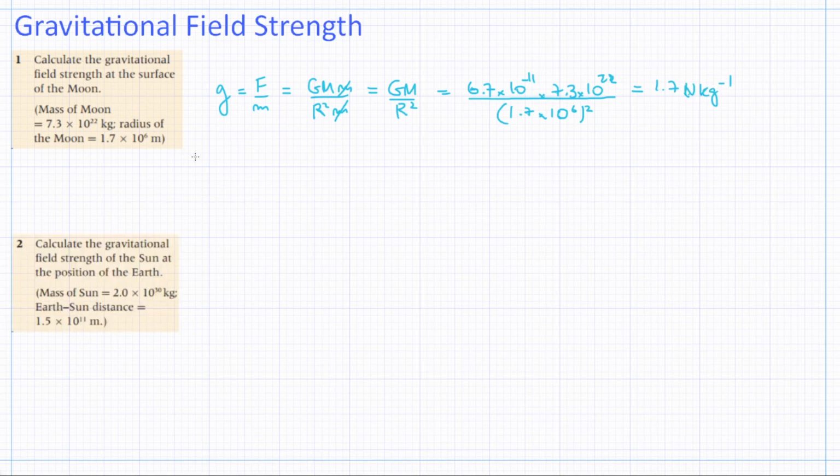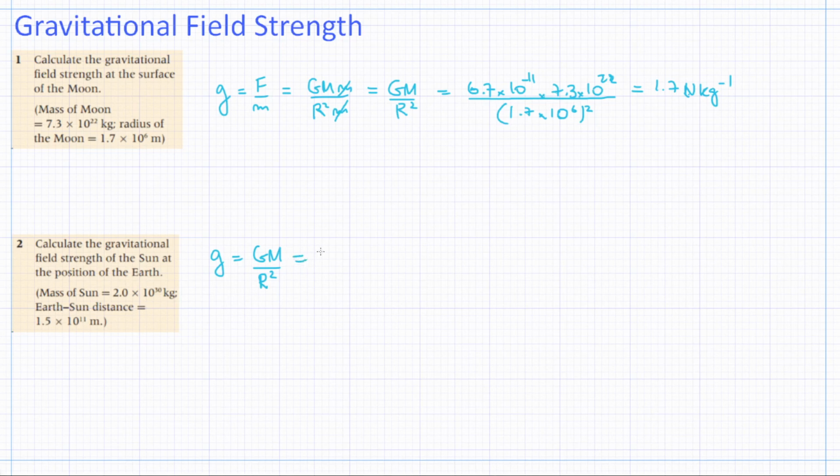So another example: calculate the gravitational field strength of the Sun at the position of the Earth. The mass of the Sun is given, and the distance between the Earth and the Sun is also given. So again, g equals capital G capital M divided by r squared.